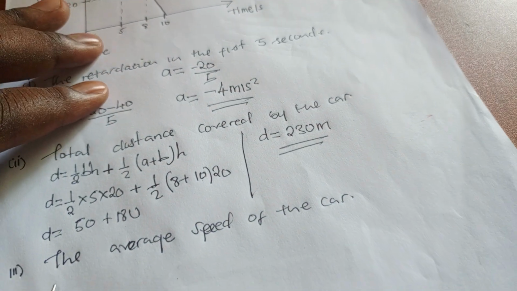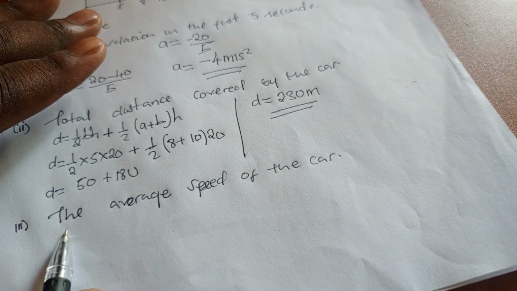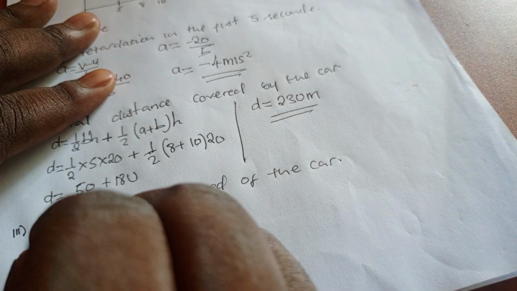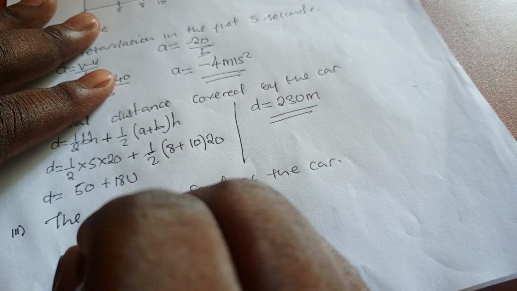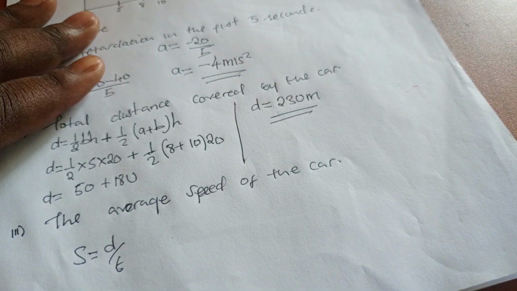The last question asks for the average speed of the car. We need to know that speed is equal to the total distance over the time taken.